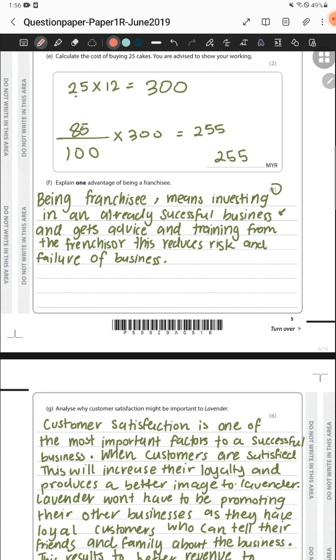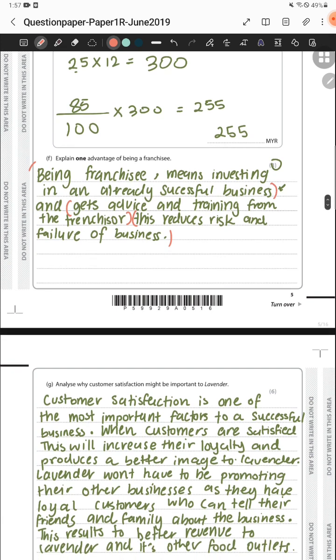Hold on, let me use another color. Also, this is the 3rd point. This reduces risk and failure of business. Okay, 3 points. You can write anything else that makes sense, and you'll still be awarded the mark.